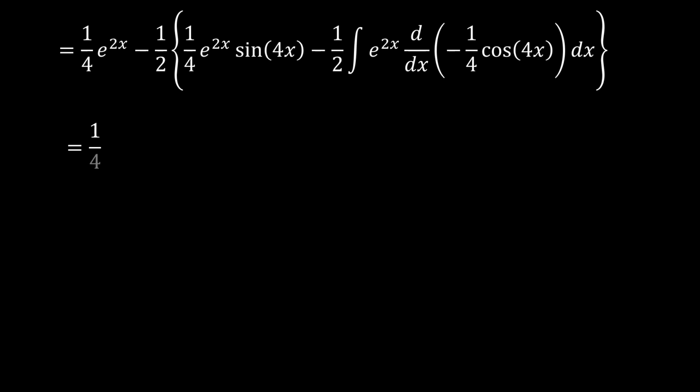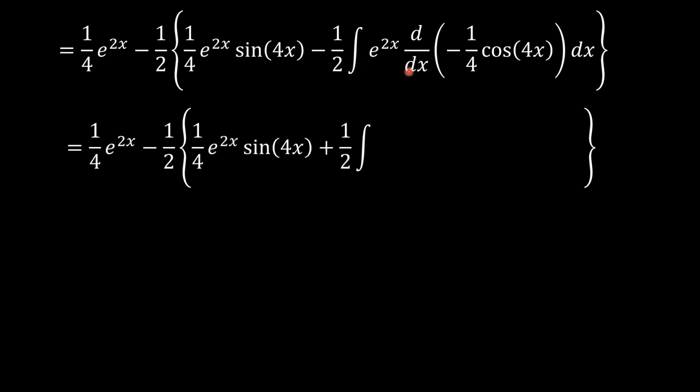Doing that means that we can pull this negative out, so we have a quarter plus a half, the integral of e to the power 2x times the derivative of cosine 4x.